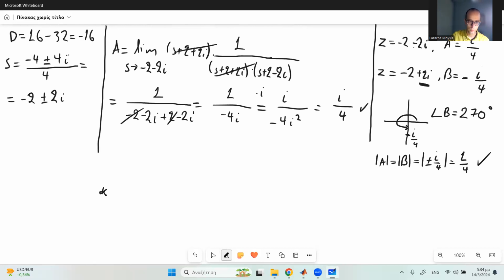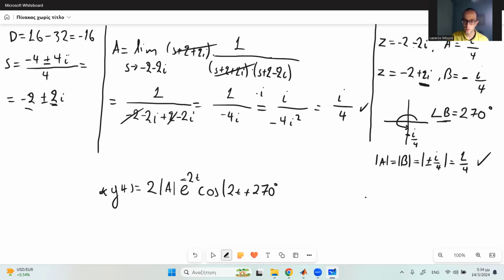So the solution, since we don't have any other terms, is this 2 times this term right here, multiplied by e to the, this is the root, so this is the real part, minus 2, so it's e to the minus 2t multiplied by the cosine of, this is the factor here, we have 2t plus 270 degrees, which is this factor right here. Okay, so this is 2 times 1 over 4, e to the minus 2t multiplied by cosine of 2t plus 270.